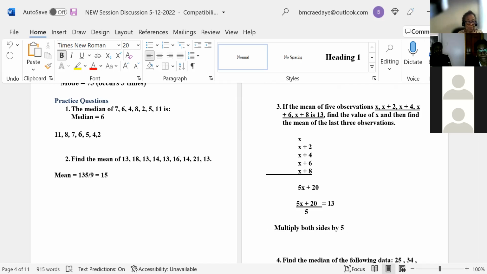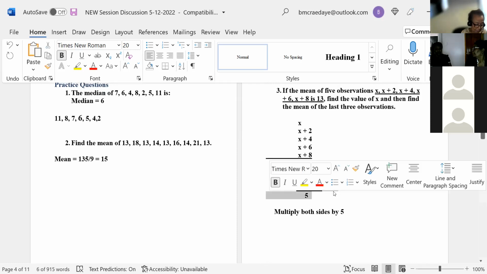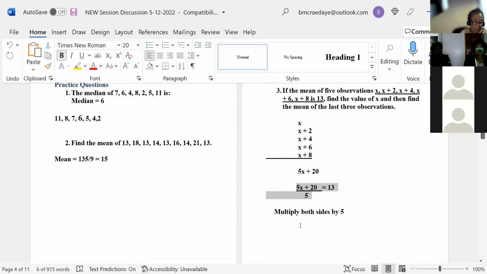If you multiply both sides by 5, let's just do that. I'll copy that and put the 5 there. So we multiply the right side by 5 and the left side by 5, right?